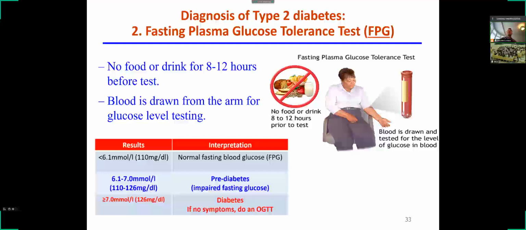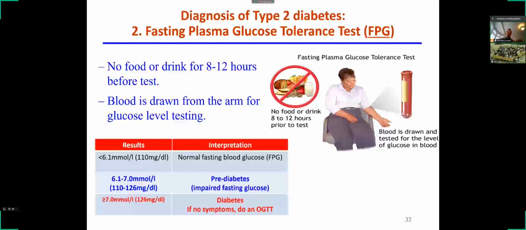Below 6 millimolar is normal fasting blood glucose, pre-diabetes is 6 to 7, and if it's above 7, the patient typically has diabetes.